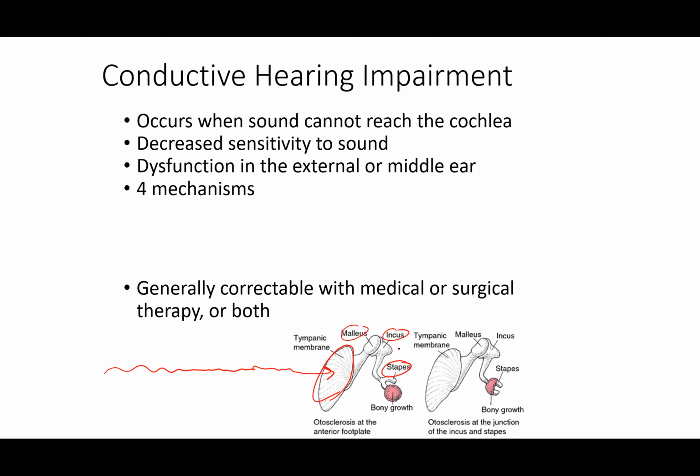The malleus, the incus, and the stapes, and that's supposed to go through the oval window and into the cochlear part of the ear. And then once those sound waves get inside the cochlea, it's supposed to irritate the fluid that's in there, which irritates the tuft of hairs, which eventually irritates the cranial nerve and goes to the auditory part of the brain. So that's kind of your general pathway.